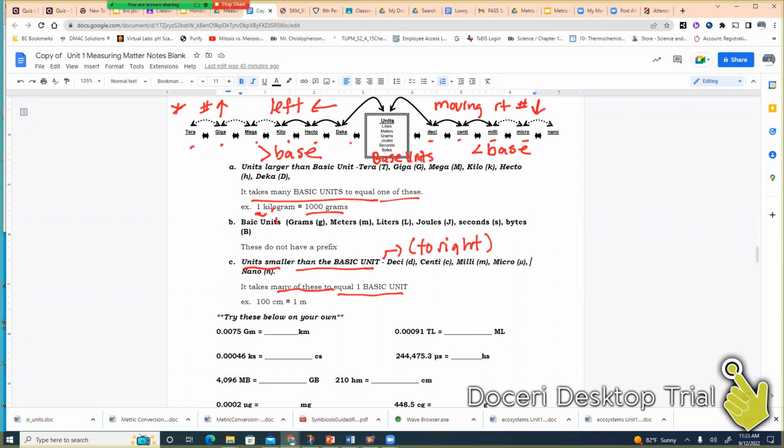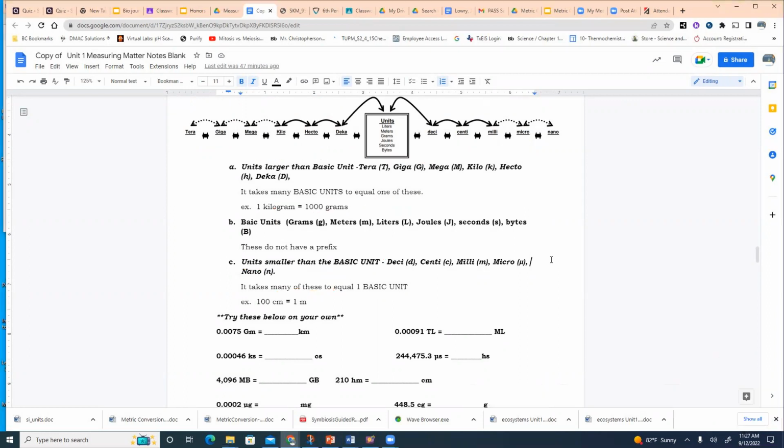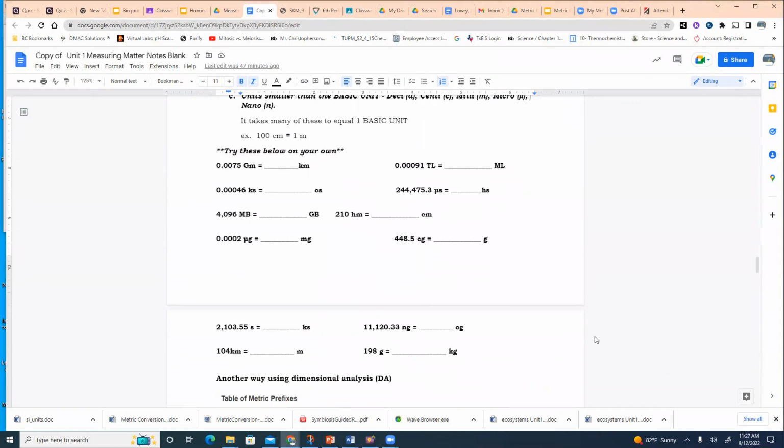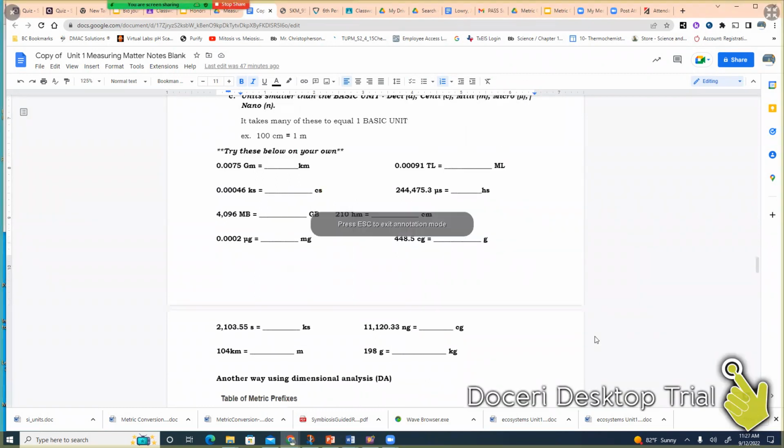All right, let's work through a few, and then it seems to fall into place a little better than a bunch of words. I'm going to move this up. It's hard to get it into both screens. All right, so this G is gigameters. That's over here on your left-hand side.